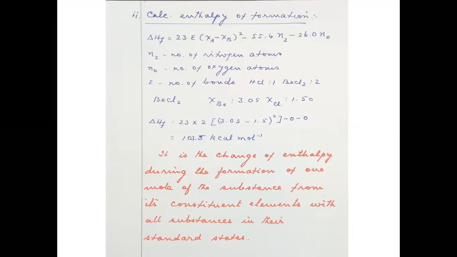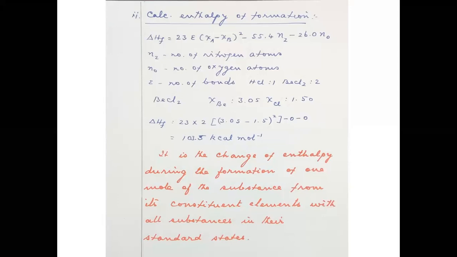I take oxygen in gaseous state, which is the standard state of oxygen, and I take hydrogen in gaseous state, which is the standard state of hydrogen, and I want to jet these two gases together and form a water molecule. What is the energy change accompanying this particular process of forming the water molecule? That is called enthalpy of formation.